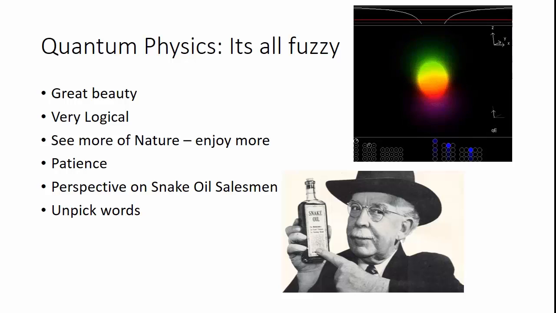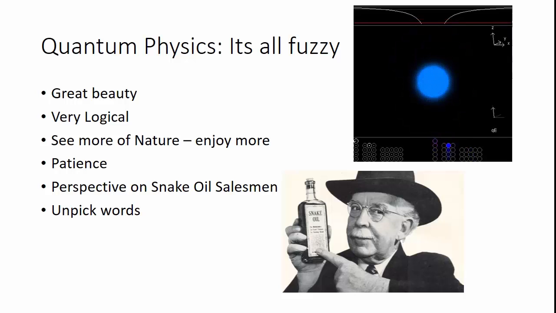Now here is the basic statement in that if you've got a good model, one of the very first things you see about it is the idea that it's all fuzzy. Now I've said a few things here. It's very beautiful and it's also very logical. It's a very successful model. In fact, it's the model so far which has had no problems whatsoever.